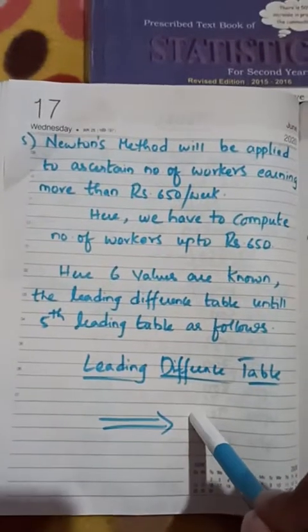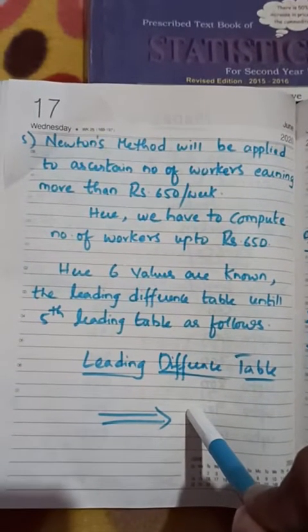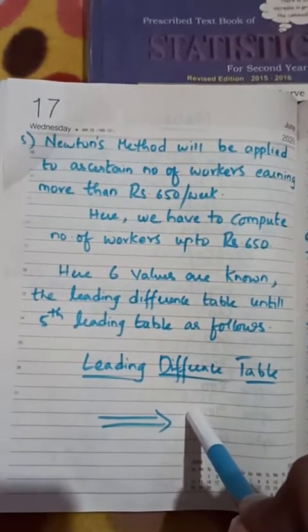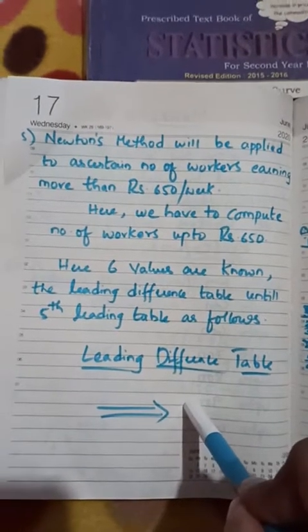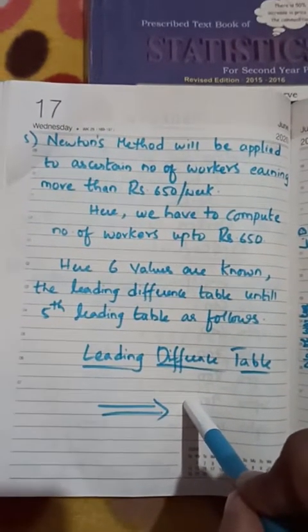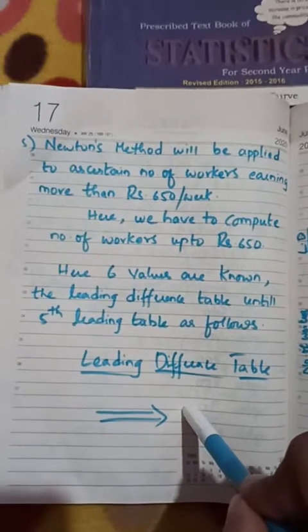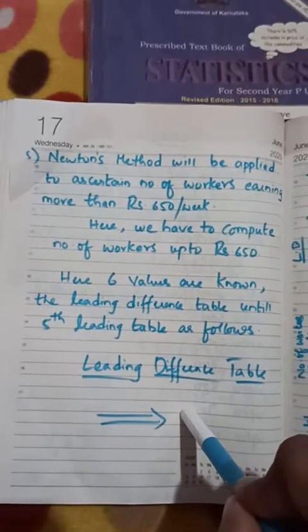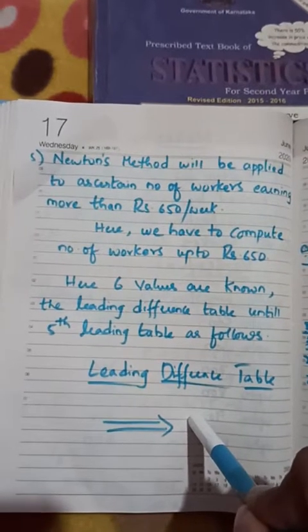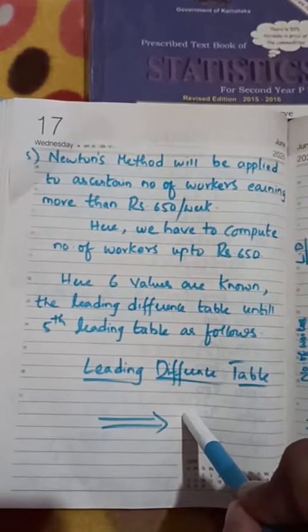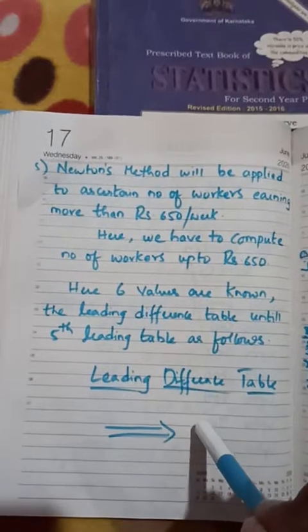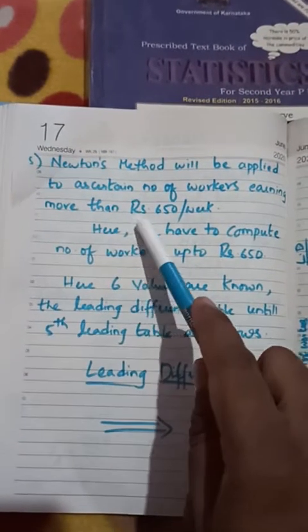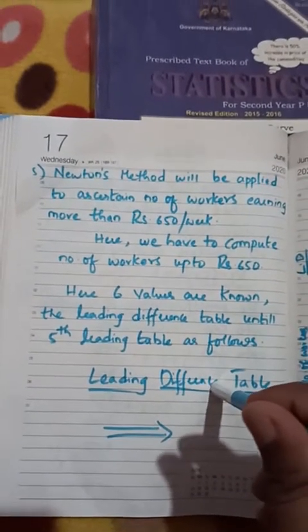Generally, Newton's method will be applied to ascertain the number of workers earning more than rupees 650 per week. We have to certainly calculate more than rupees 650, but the data is given as less than 500, less than 600, this way. Here we have to compute the number of workers up to 650. First and foremost, the question is asked about more than 650, isn't it?